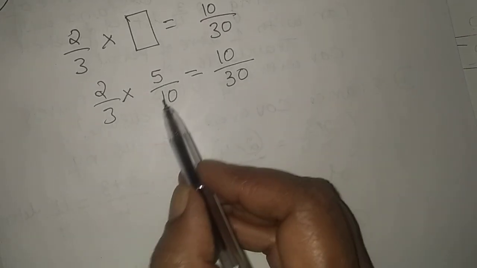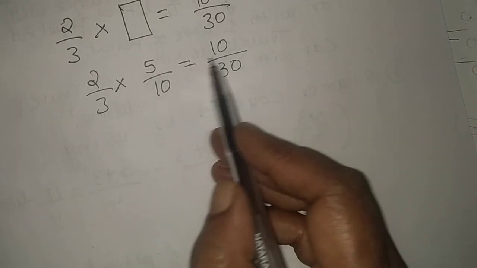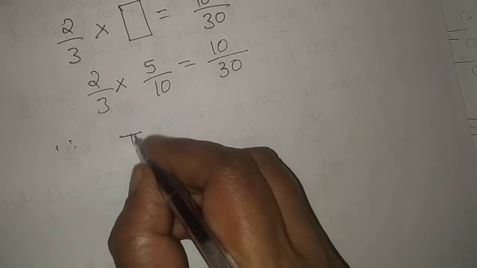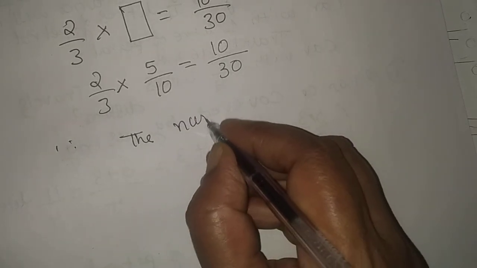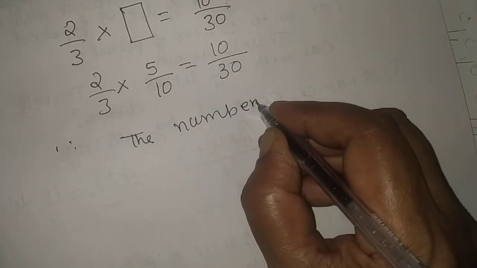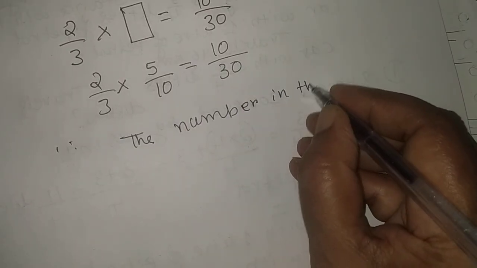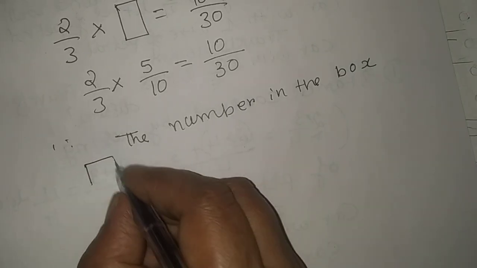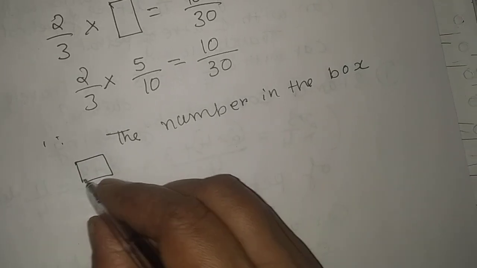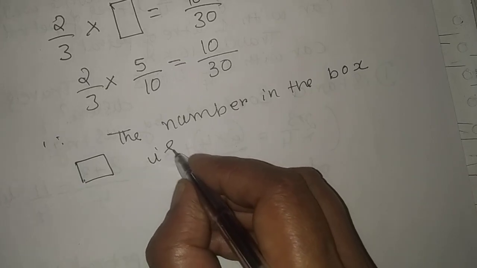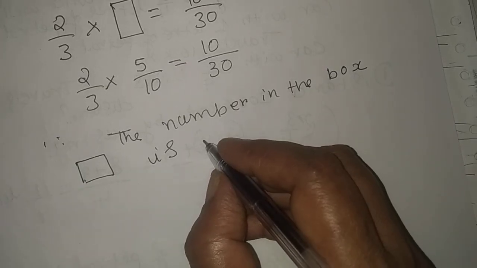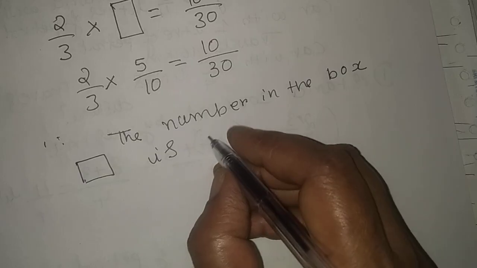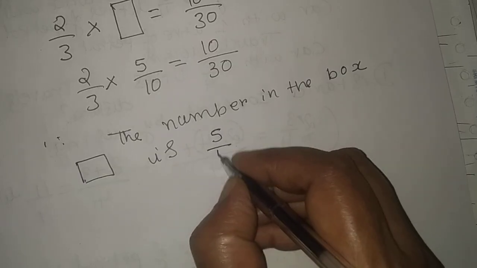This is the solution, just assume and write, but you have to get the answer 10/30. Therefore, the number in the box is 5/10.